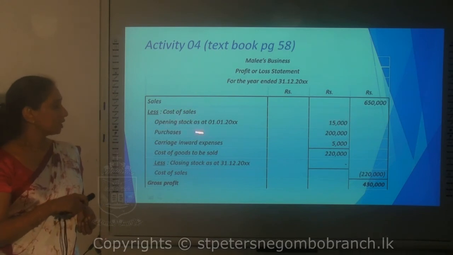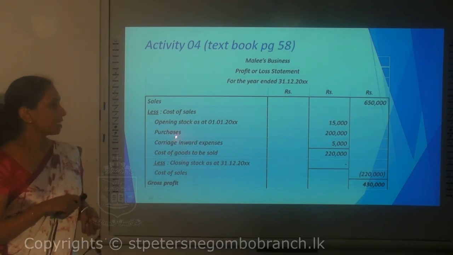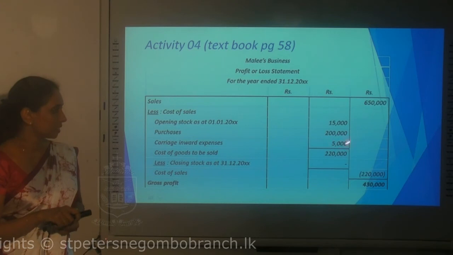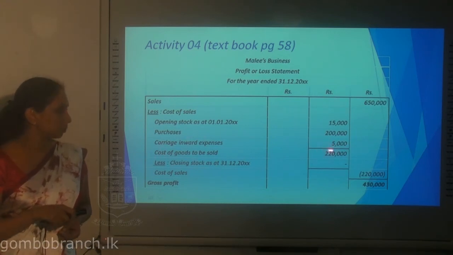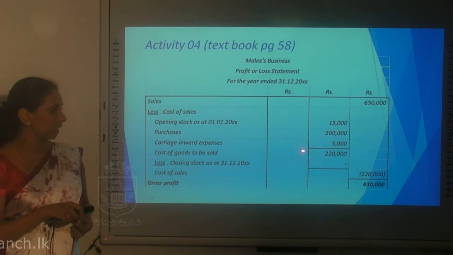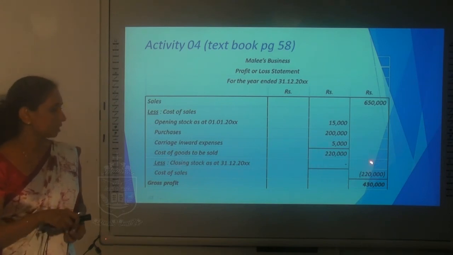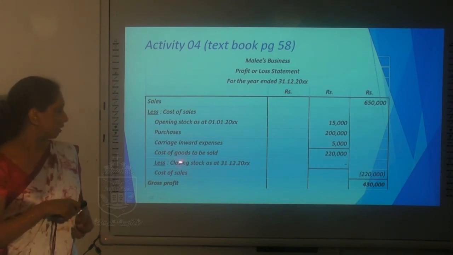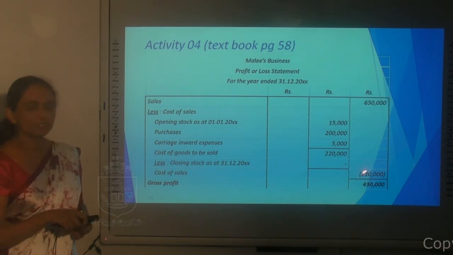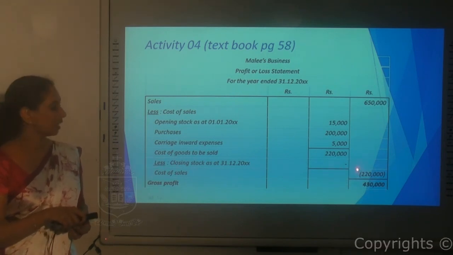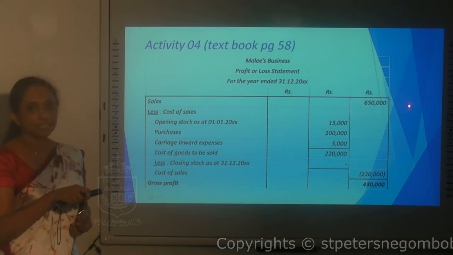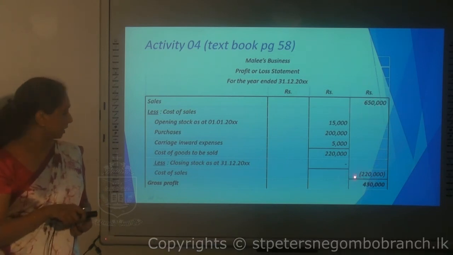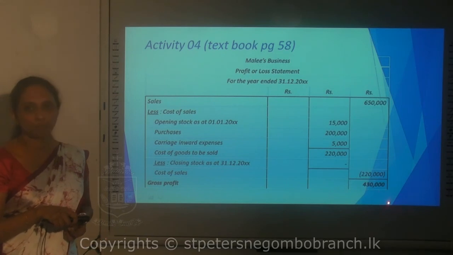We can add the opening stocks, purchases and purchases related expenses together and find the cost of goods to be sold, and from that we have nothing to deduct as closing stock. So the same figure will be the cost of sales, and once we find it, we can deduct that from the sales figure and find the gross profit value.